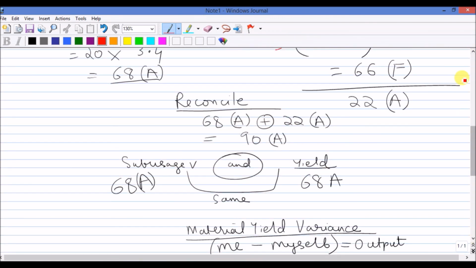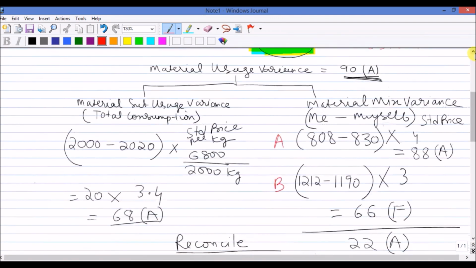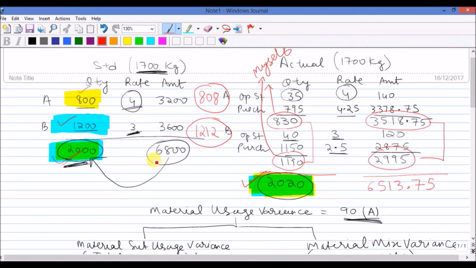So where it is, standard price is together. Standard price is 6800 and the actual output is 1700. You can also take this because standard is equal to the actual output. The mistake which is done is students divide 6800 with 2000, which is wrong because you are dividing with input.